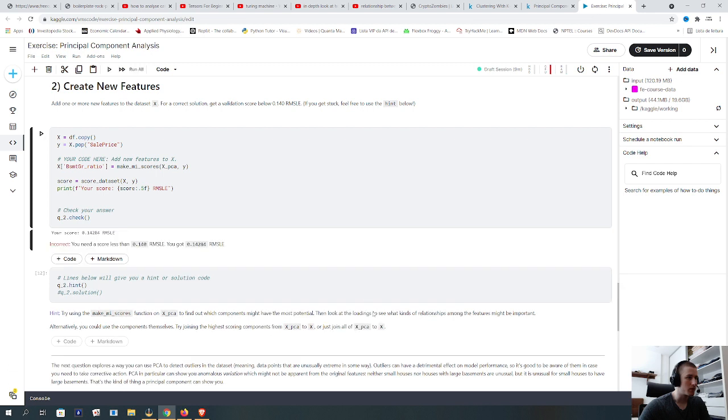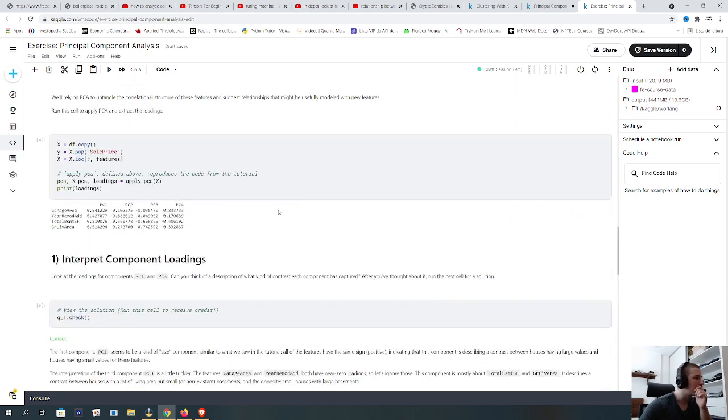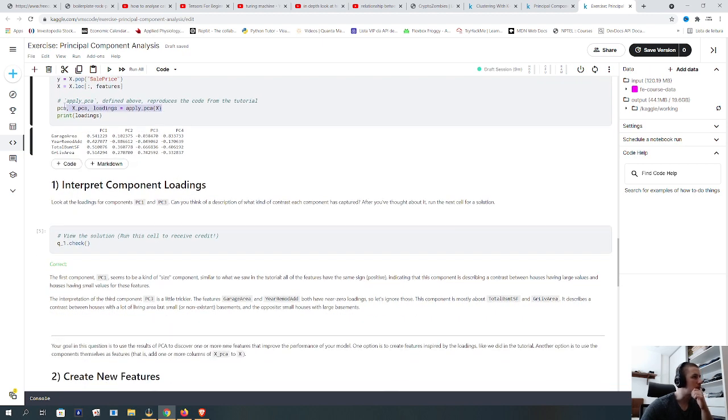Then look at the loadings to see what kinds of relationships among the features might be important. So I think it wants me to do this, but it doesn't make sense.